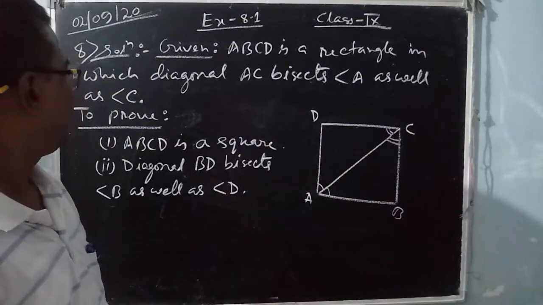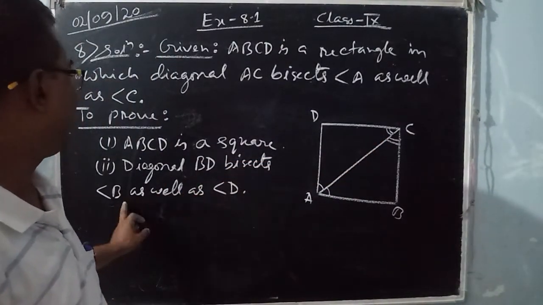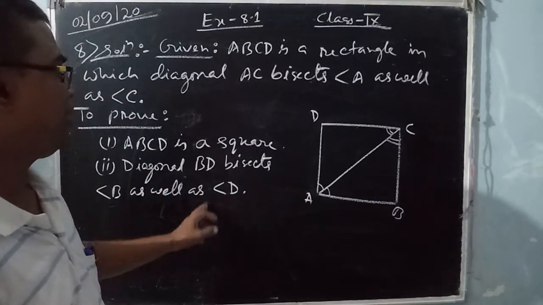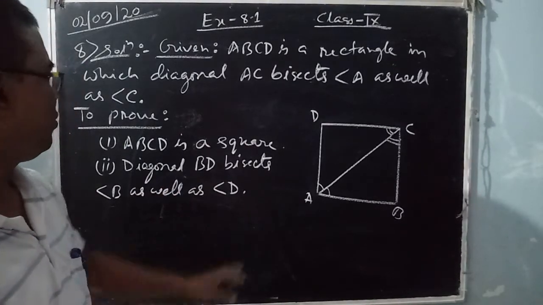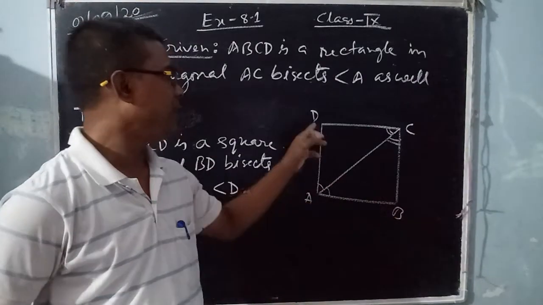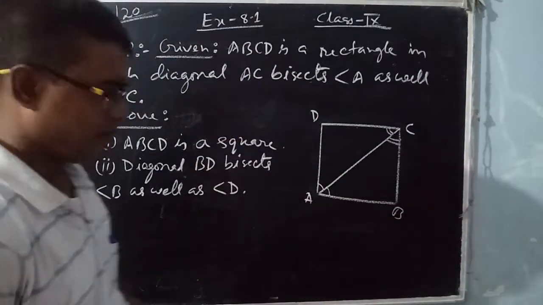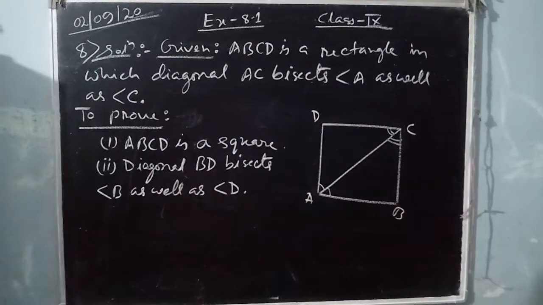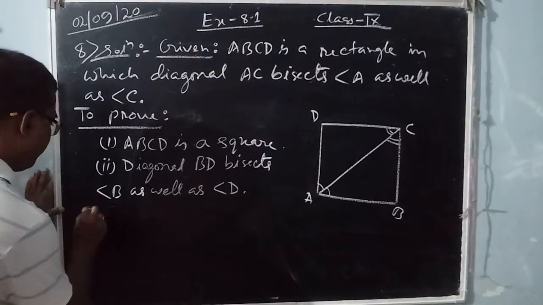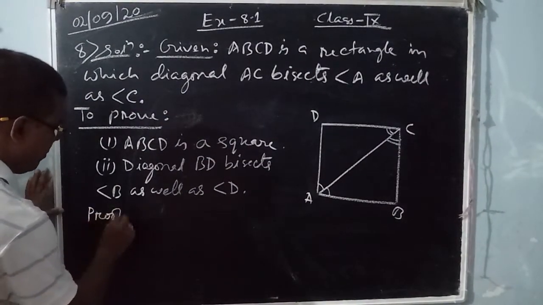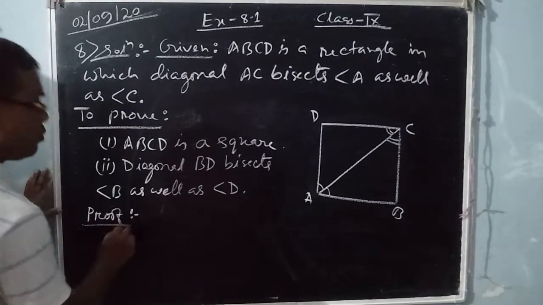And second, diagonal BD bisects angle B as well as angle D. In the second part, we will draw the diagonal BD and prove that BD bisects angle B as well as angle D. So, proof.